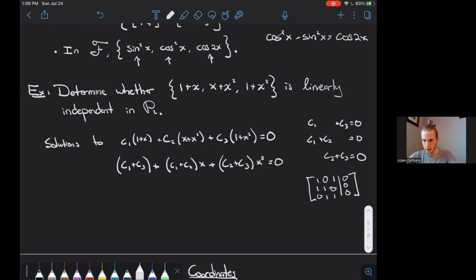Hopefully you'll believe that this row reduces, well, you don't have to believe me, just row reduce it. And you'll get 1, 0, 0, 0, 1, 0, 0, 0, 1, augmented with 0, 0, 0, which tells us that the only solution is trivial.